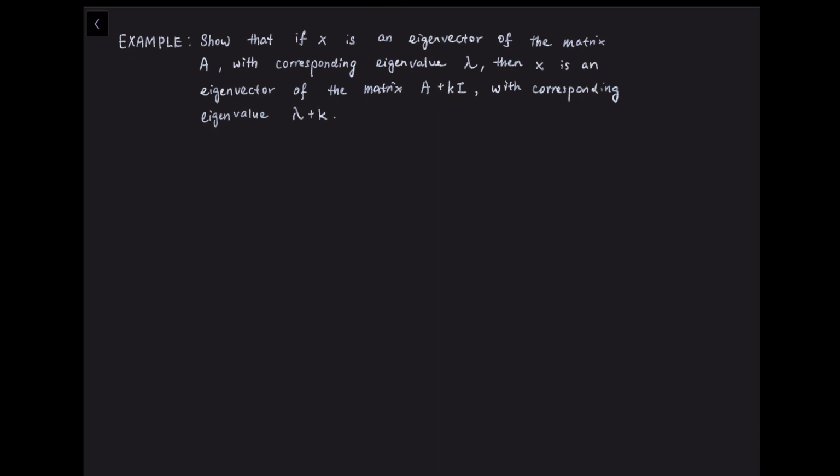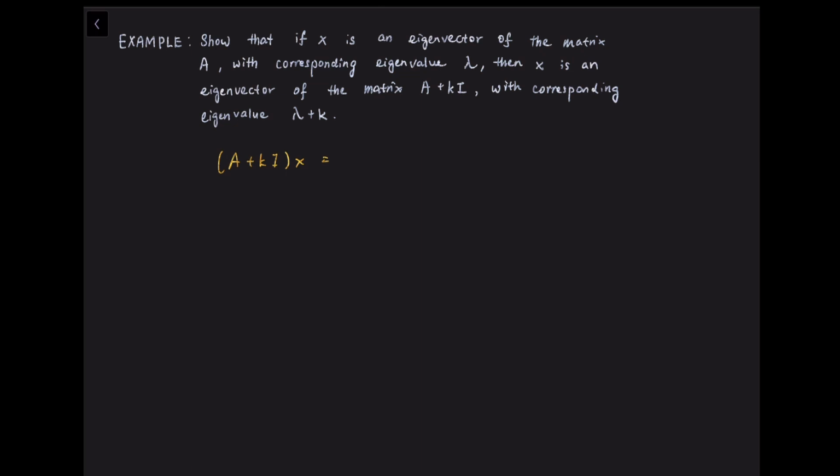Next, we want to show that if x is an eigenvector of the matrix A with corresponding eigenvalue lambda, then x is an eigenvector of the matrix A plus kI with corresponding eigenvalue lambda plus k.